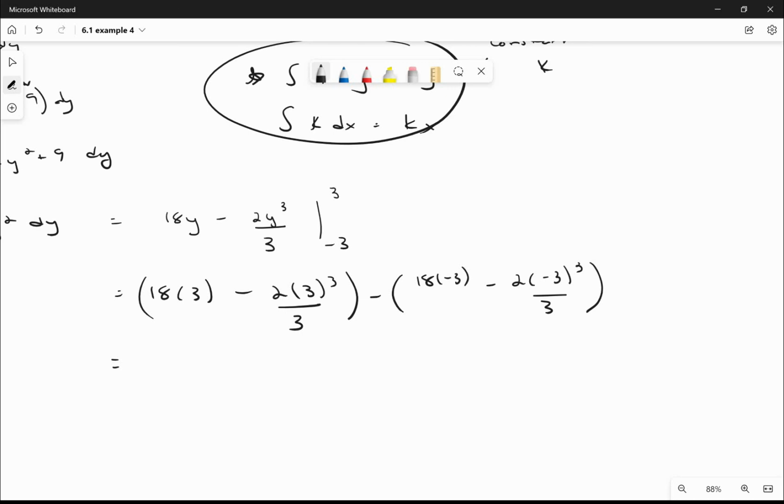And so we have 54 minus, and then this will cancel out at least, so this is just 2 times 3 squared, which is 2 times 9, or 18. This will be negative 54. And then here again, these will cancel, but we'll still be left with a negative, so maybe that's not the most clear. Let's see what's happening.